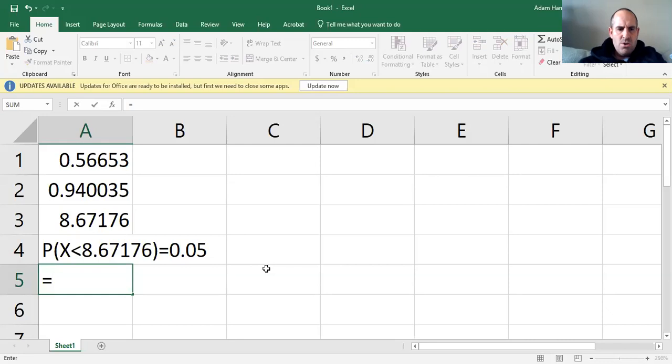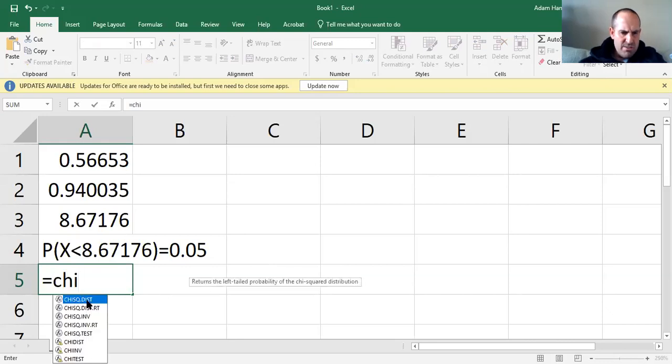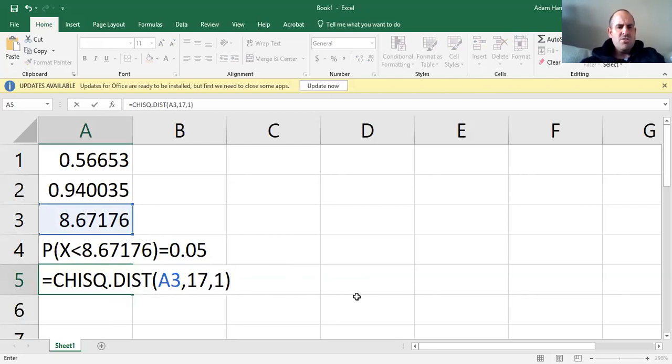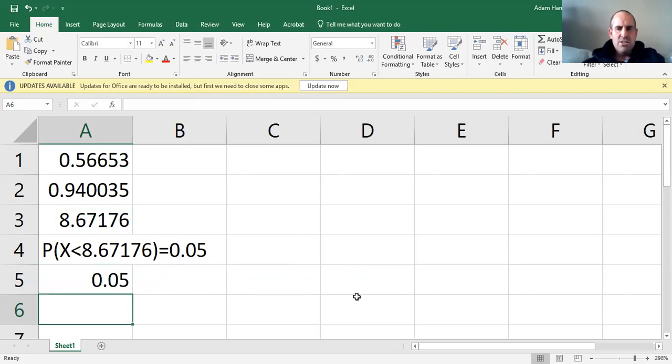Equals the chi-squared distribution, x value 8.67176, degrees of freedom 17, and cumulative, yes. We should get 0.05. And we do. Hallelujah.